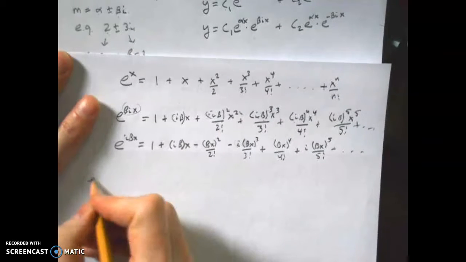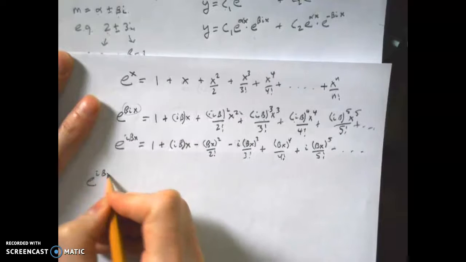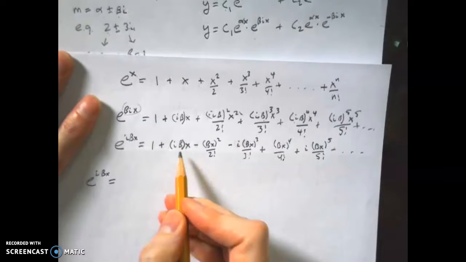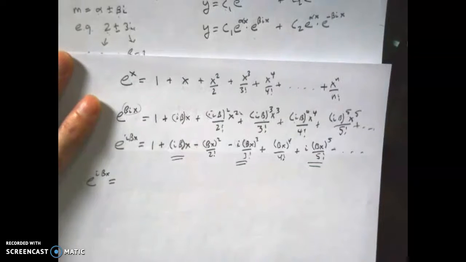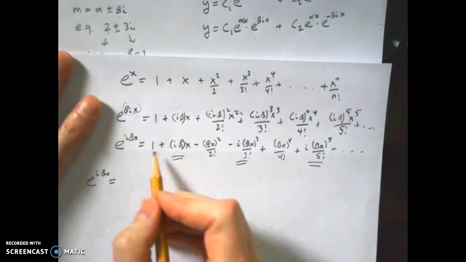Okay. So e to the i beta x would be equal to, now I'm going to move the ones that have i's in them, I'm going to separate those out. So I'm going to start with first the ones without the i's.